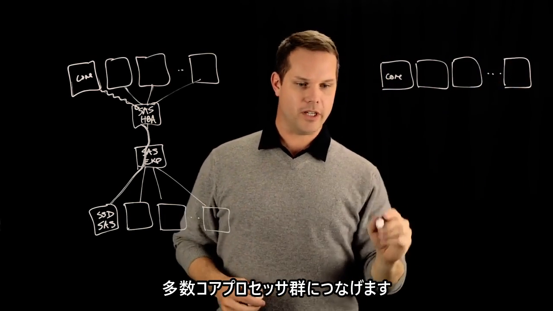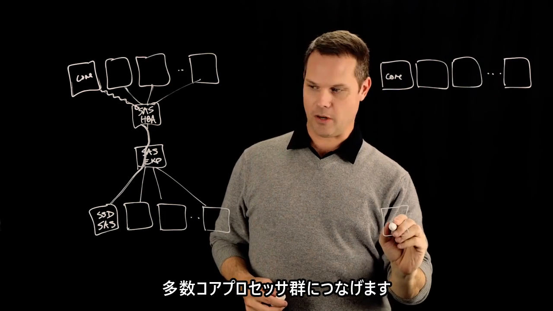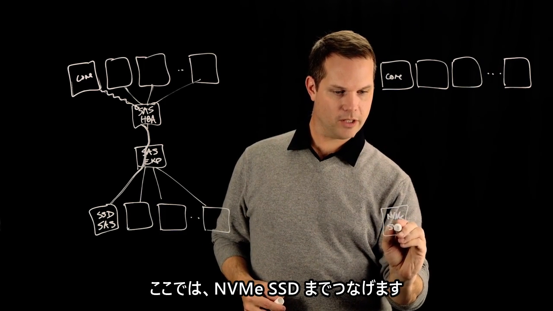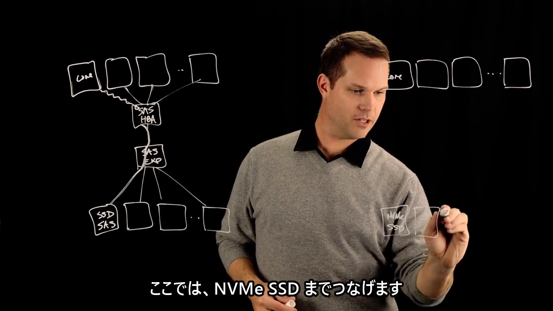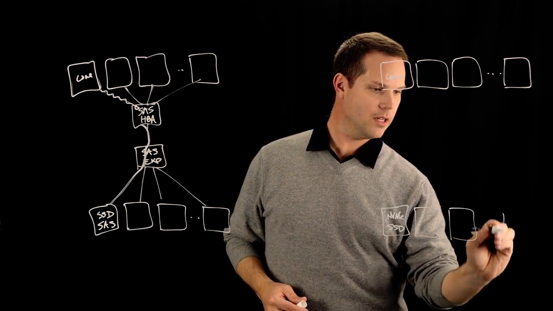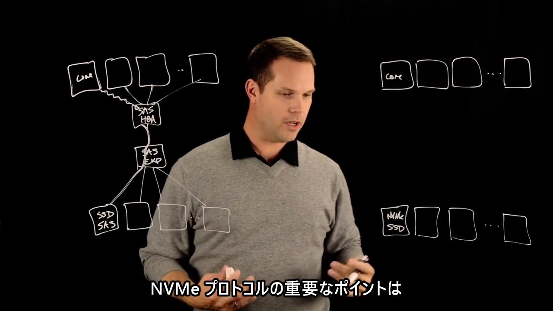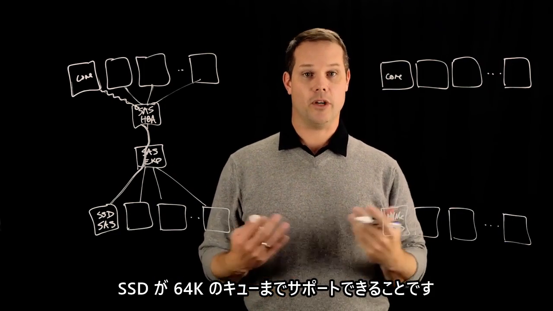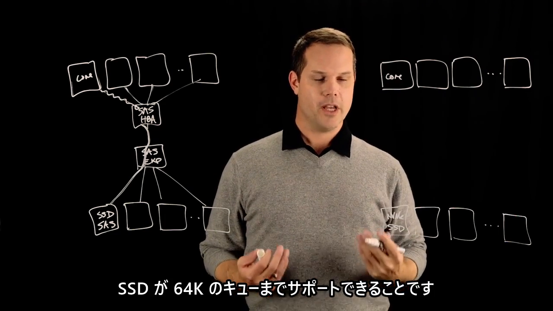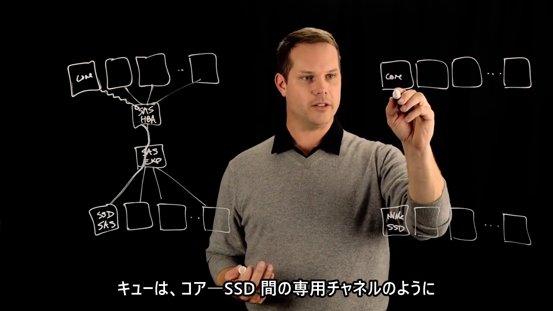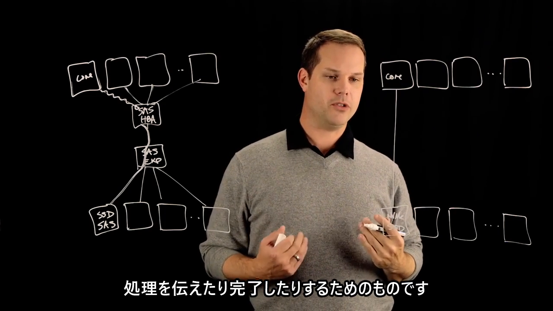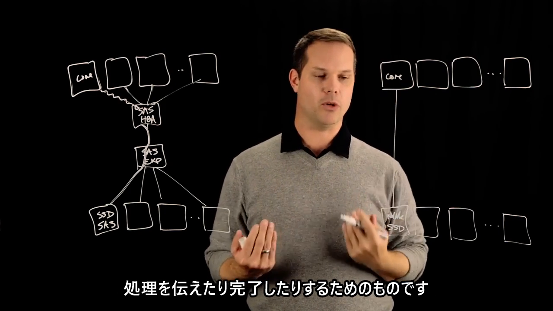So in this case, again, we're going to connect to many-core processor complex. But this time, we're going to connect down to NVMe SSDs. Now, one of the core aspects of the NVMe protocol is that these SSDs can support up to 64K queues. And a queue is just a way, think of it as a private channel between a core and an SSD for them to submit work and have work completed.